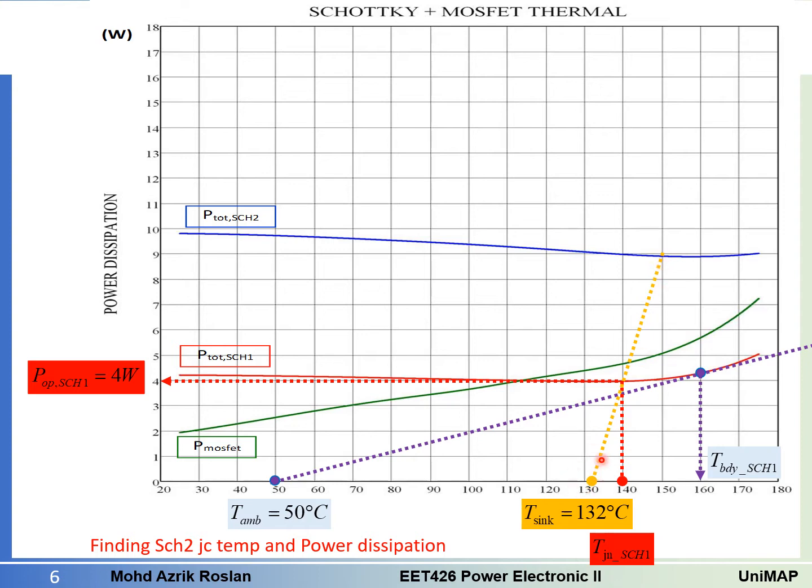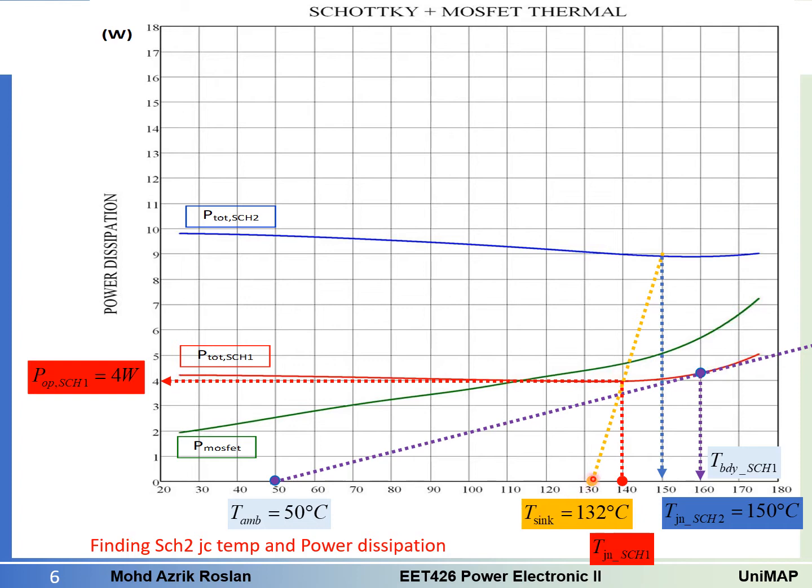So when I draw this until the Schottky 2 curve here, at this point this is what we call the junction temperature for Schottky 2. In this case we have junction temperature Schottky 2 equals 150 degrees C. Why can we use this straight line? Because Schottky 1 and Schottky 2 have the same thermal resistance and the same slope.